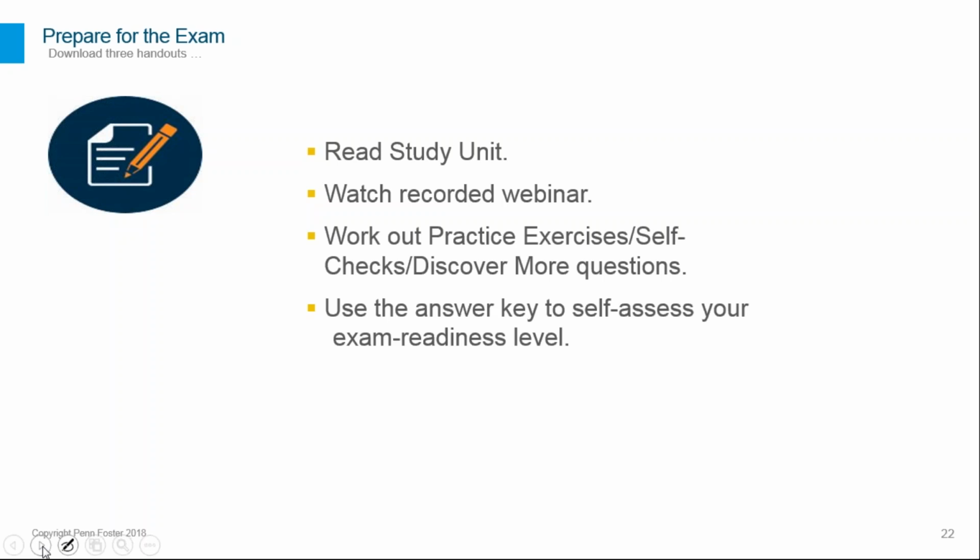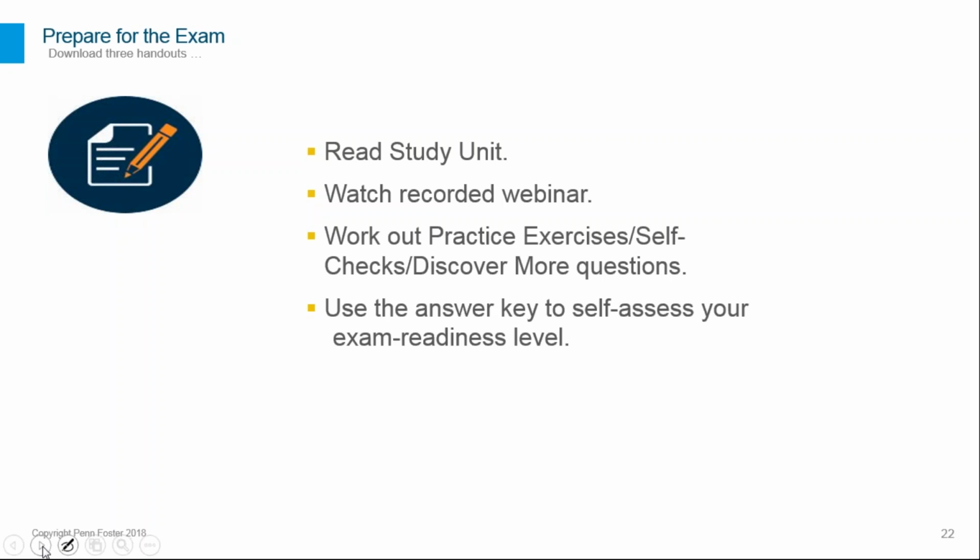And also within your lesson, there are practice exercises or discover more questions. These are given to you not to grade you on them, but to give you practice questions that you can practice and get good at the concept that we discuss within the lesson. The answer key for those discover more questions or practice exercises are provided.